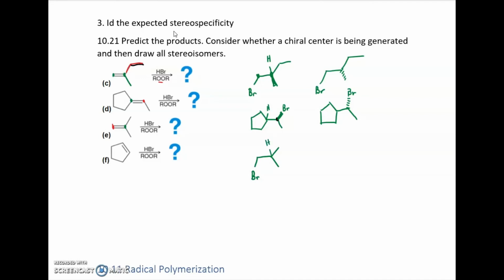Now we've not made a stereoisomer here. So we have no chiral centers, and so we don't have to draw any other figures. Let's look at this last one. Once again, the hated five-sided figure. We're going to add bromine to one side and hydrogen to the other. We don't have any chiral centers, and so we're done.